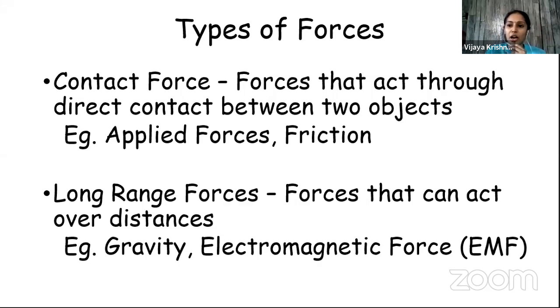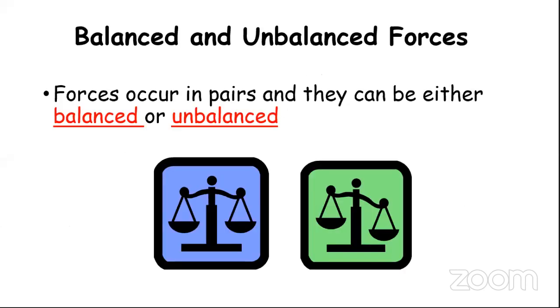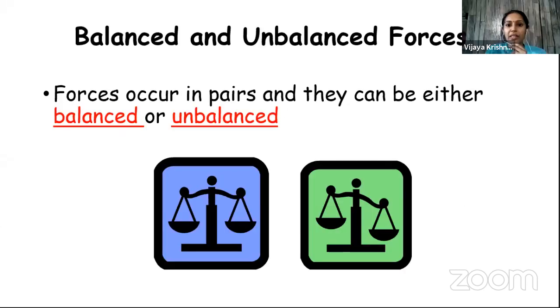Two of those are the gravitational force that is all around us and the electromagnetic force that is also present all around us. Now, what happens when forces are present? When forces occur in pairs, they can either be balanced forces, which means they are equal, or unbalanced forces, which are unequal. So now we see how forces in pairs can act.